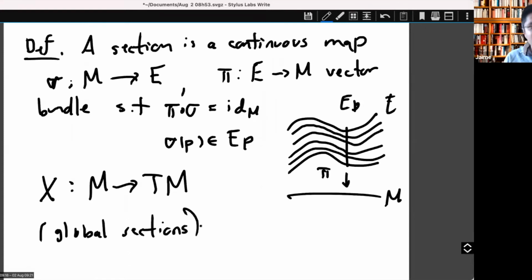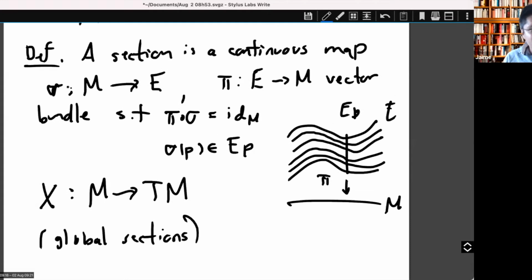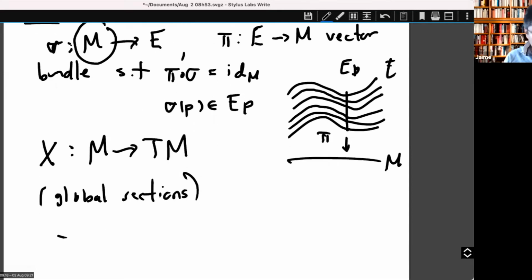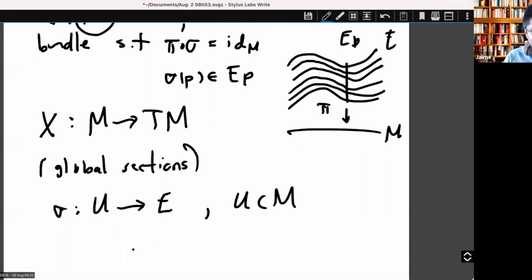right? Because we can change the definition and there's nothing mysterious with asking for M to be the domain of the map. I could have defined a section just taking any open subset of M, right? So those are sections as well. So we still ask for the following.